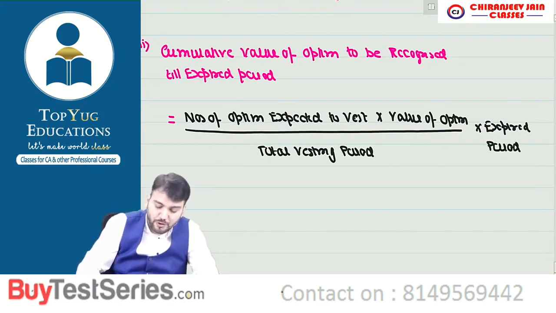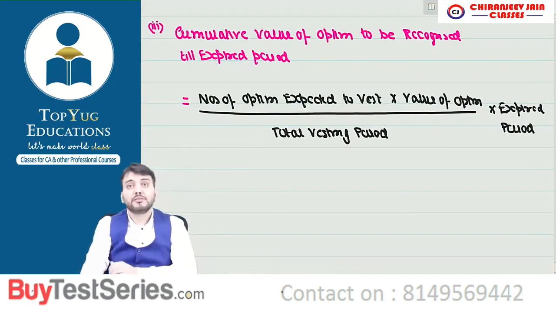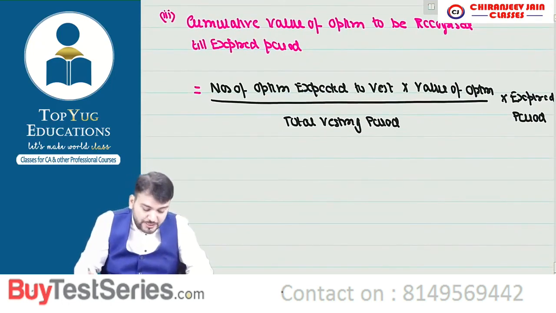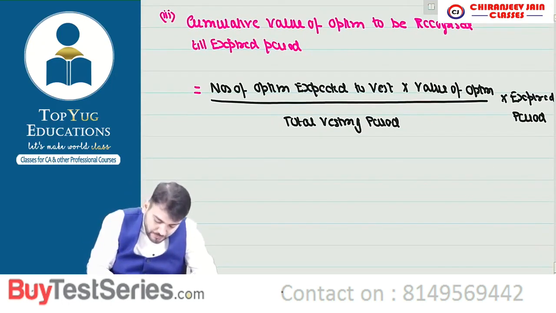I think you understood this point. Number of options expected to vest. Correct.